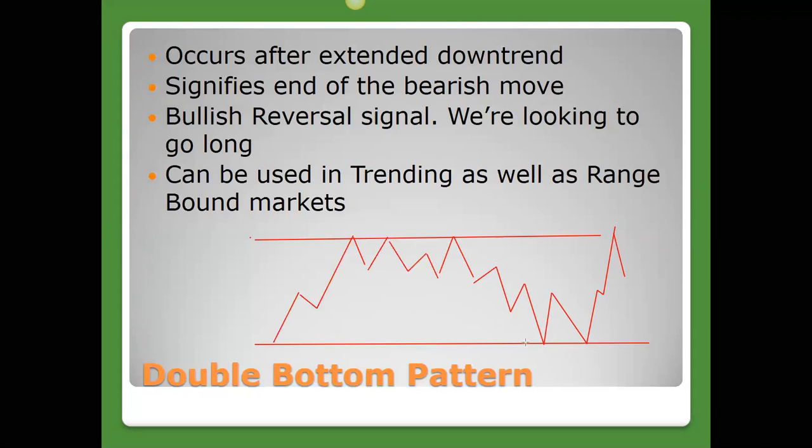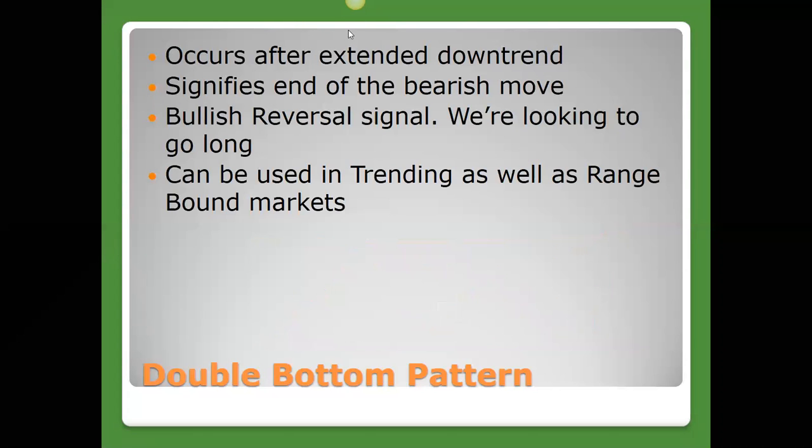So we would only be looking for this pattern over here, not in the middle of the range, anywhere, just at the bottom. So you can use reversal patterns in all kinds of markets. It can be both in trending as well as range-bound markets. You just need to know where to look for that particular setup to form.